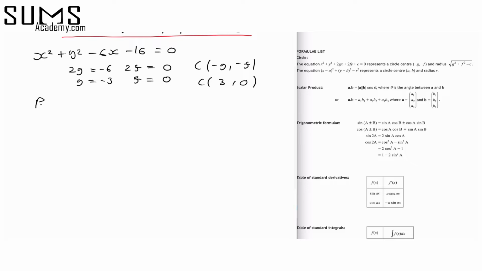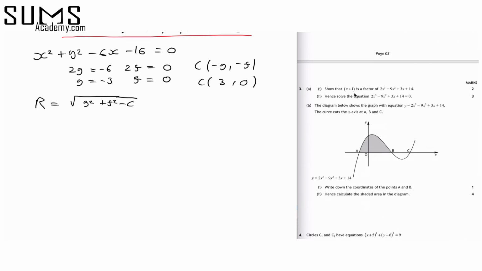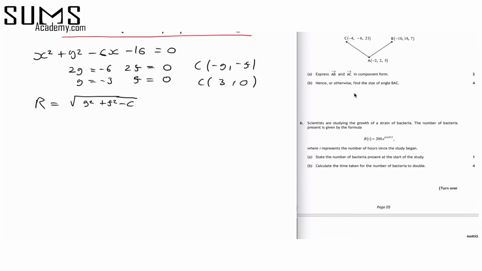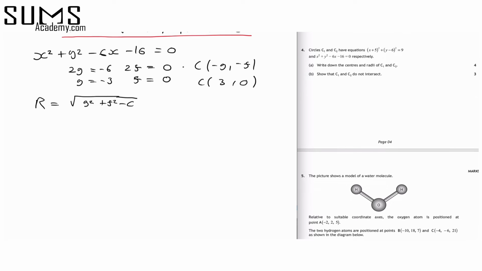We use this equation, r equals the square root of g² + f² − c. Going back down to the question, we just sub in the numbers, so that becomes the square root of (−3)² + 0 − (−16).